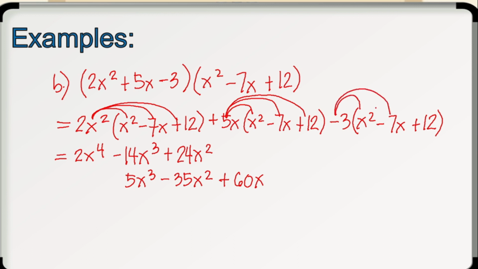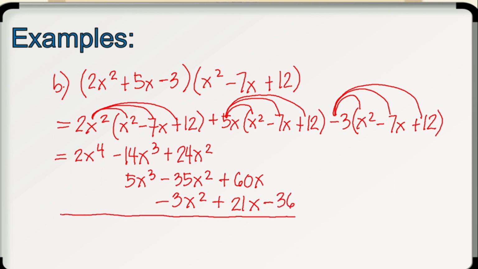The third term, which is negative 3 times x squared, is negative 3x squared. Negative 3 times negative 7x is positive 21x. And negative 3 times positive 12 is negative 36. Simplifying it, copy 2x raised to 4, since it doesn't have like terms.